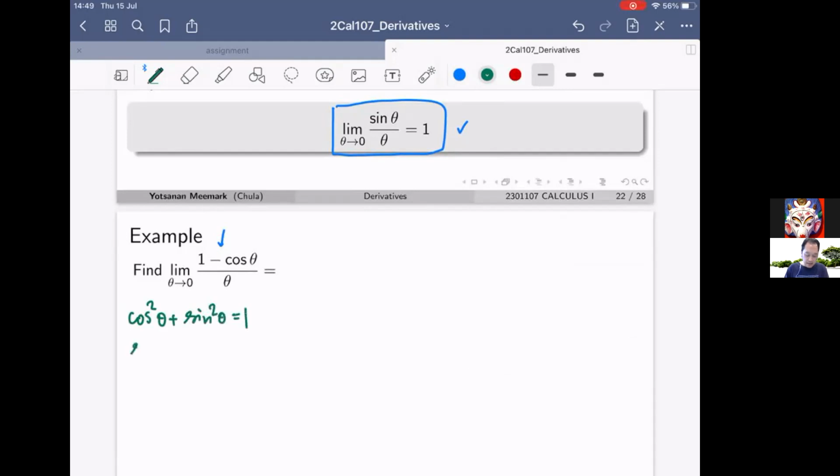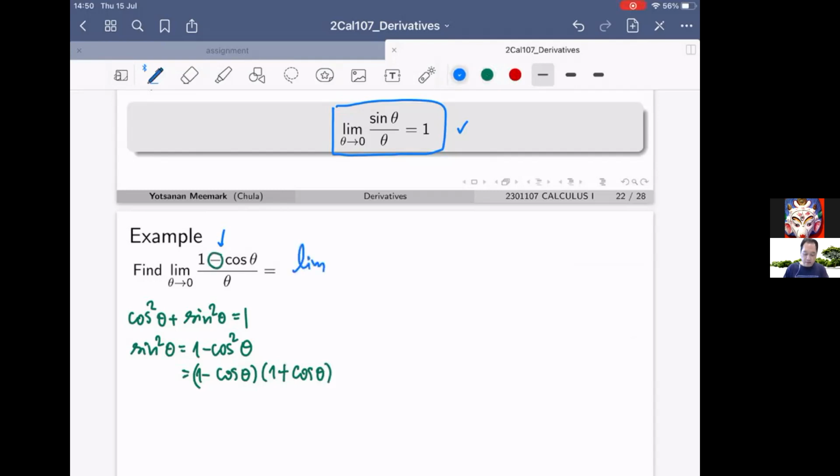And we also have sine square theta equals 1 minus cosine square theta, right? And this one actually can be factored into 1 minus cosine theta and 1 plus cosine theta, right?